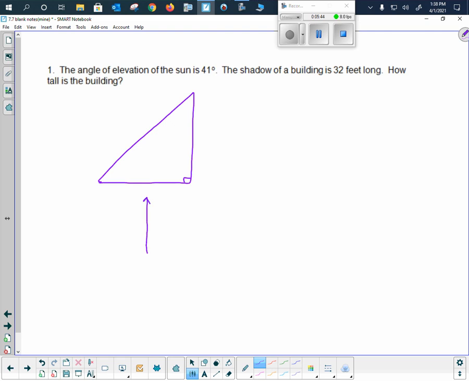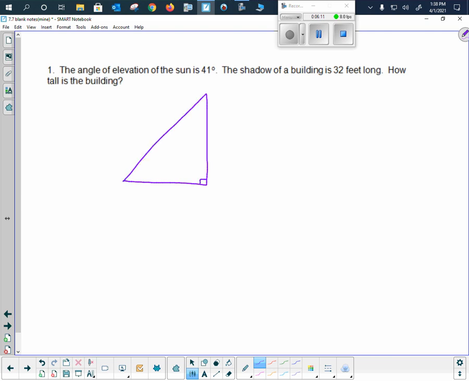If somebody's standing, a pole, a building, that would be logically this side. And then if somebody says, like, you're leaning a ladder, okay, or you've got a wire holding something down, that's going to be the hypotenuse. Okay, so it's just the logic of what goes with the picture, like it did the last time we did some of these word problems. Okay, so again, here we go. Here's my right triangle.